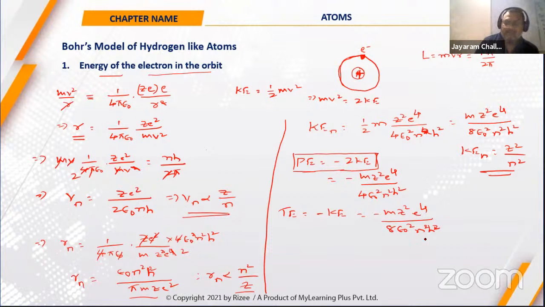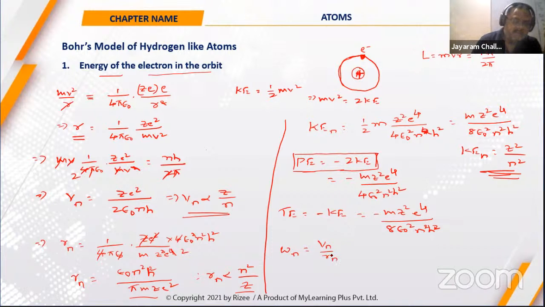Now from this you can say that the energy is related to Z square by n square. From this you can find the angular frequency, omega of the nth orbit, which is nothing but Vn by Rn.